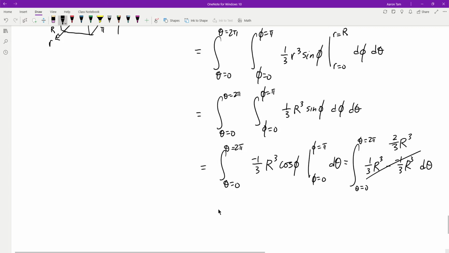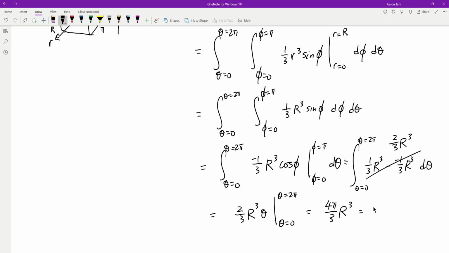And when I integrate that with d theta, since that has no theta in it, I'm just going to treat the whole thing as a constant. So it becomes 2/3 R to the third theta, theta from 0 to 2 pi. Plug in 0, go to 0. Plug in 2 pi, I'll get 4 pi over 3 R to the third, or 4 pi R to the third over 3.